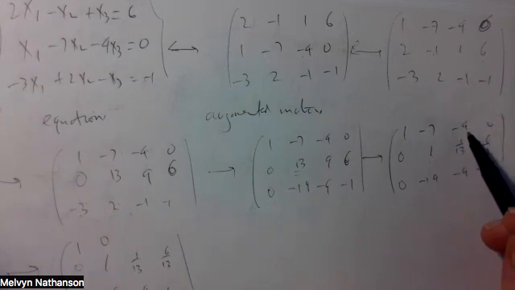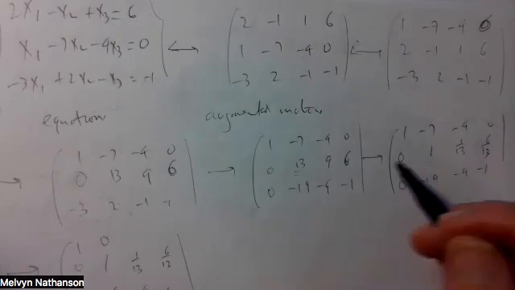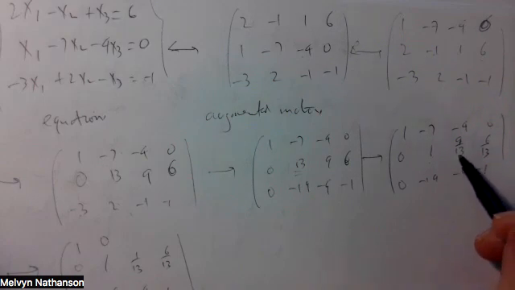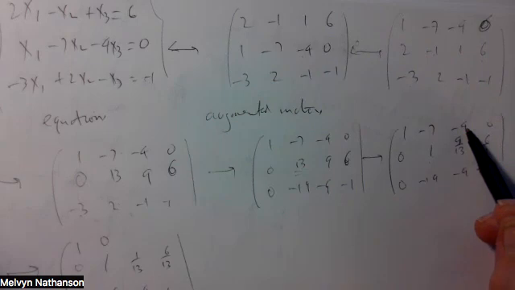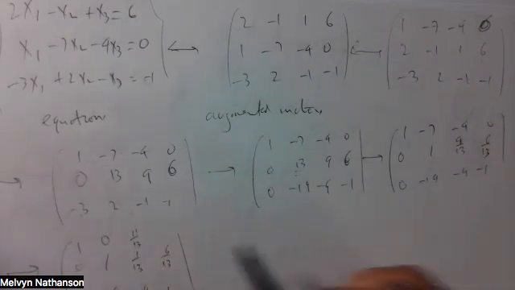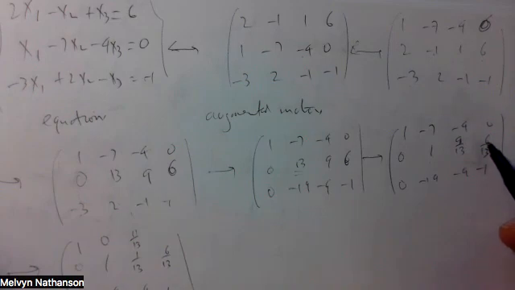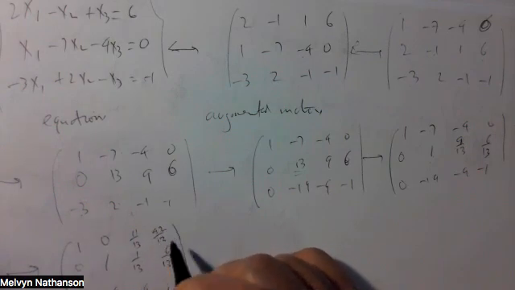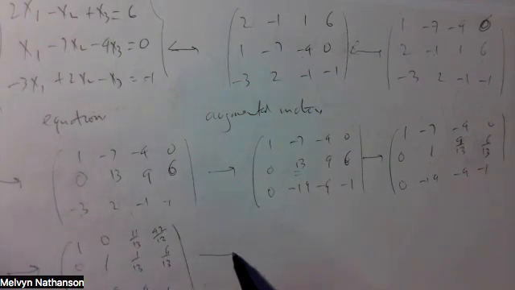Is that right? Oh, my writing is bad. This is a 9, so I'm multiplying this by 7 and 9. 63 minus 52 is 11. And 42 plus 0 is 42, so 42 over 13. So now I have a 0 there.